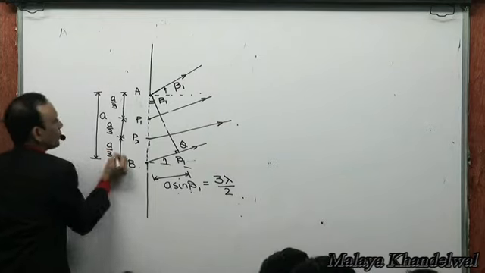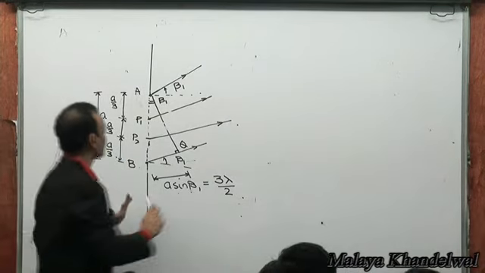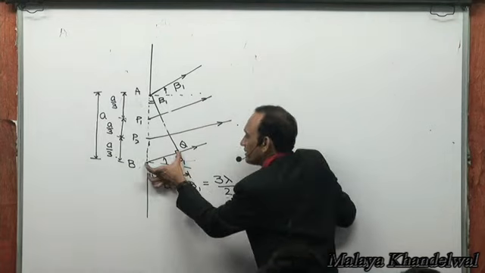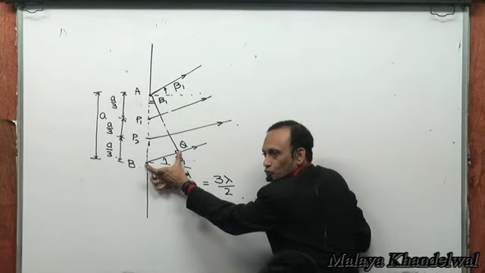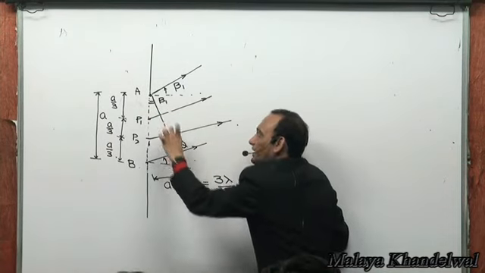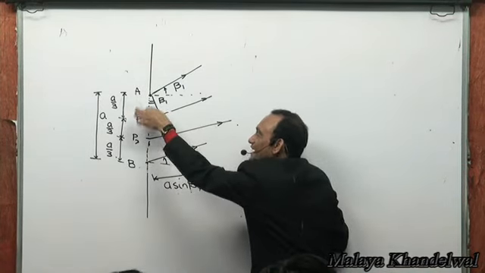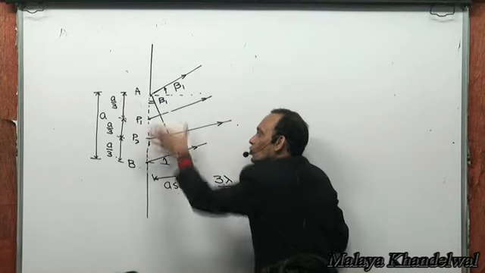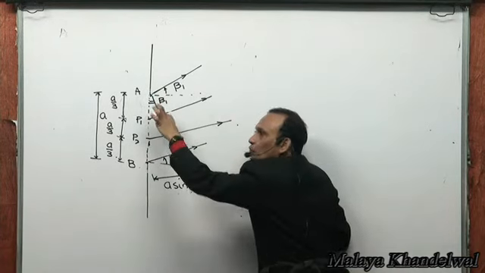A by 3. Alright. Now, A sine beta 1 is 3 lambda by 2. Right? This length is 3 lambda by 2, and these are 3 equal parts. So this length has changed from 0 to 3 lambda by 2 in 3 equal stages.